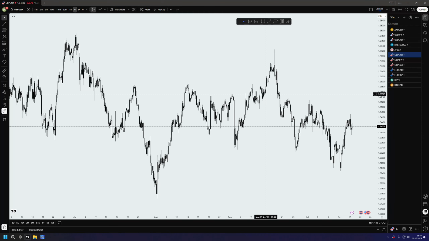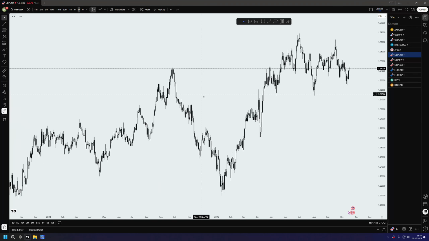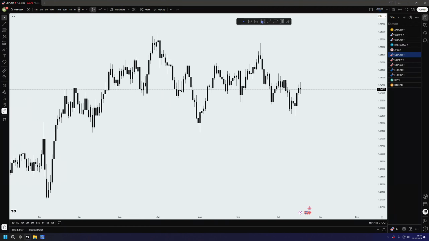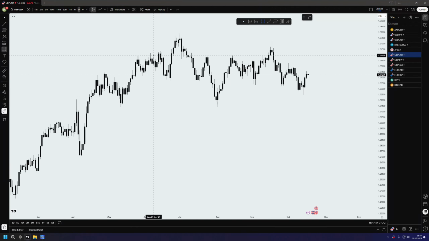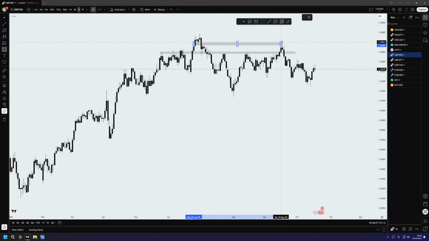Okay, and let's start. What I would do first is to mark some higher time frame levels. Levels where you can see clearly that price reacts from. So let's say this one. I usually start from the daily or from the weekly.